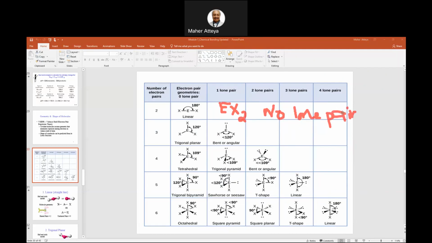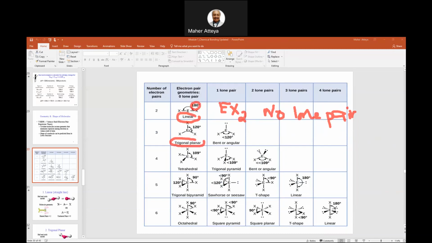If I have this case, the shape of this molecule will be linear, so flat. The shape of the molecule is flat. The angle here is 180; linear means 180.